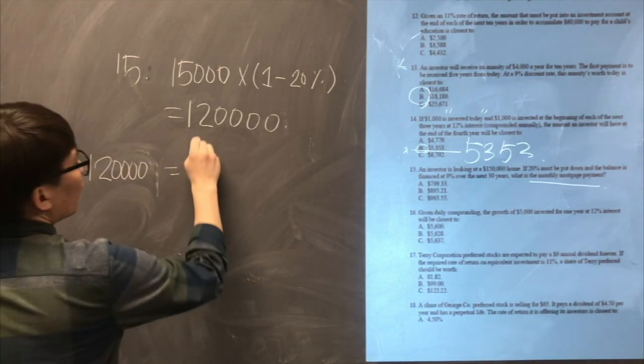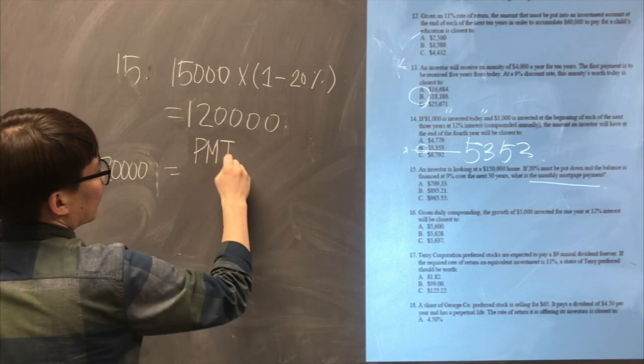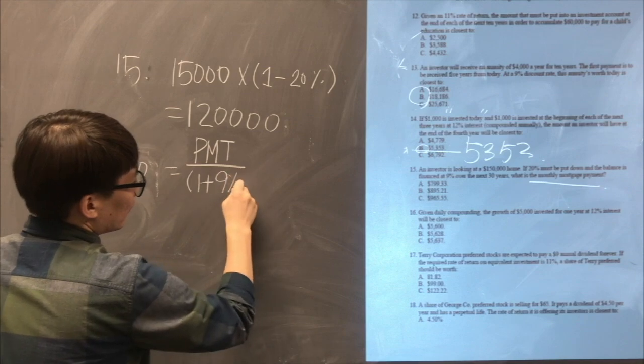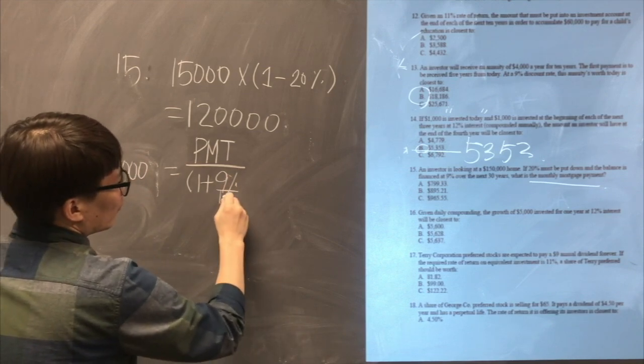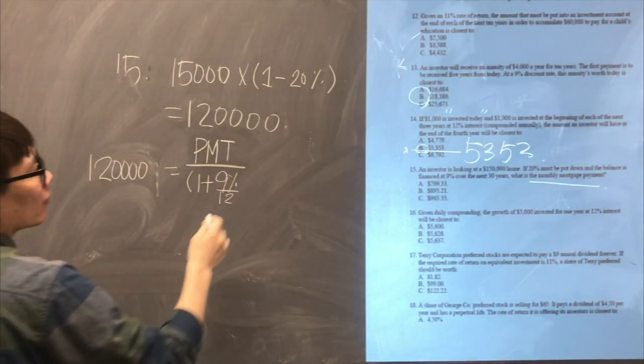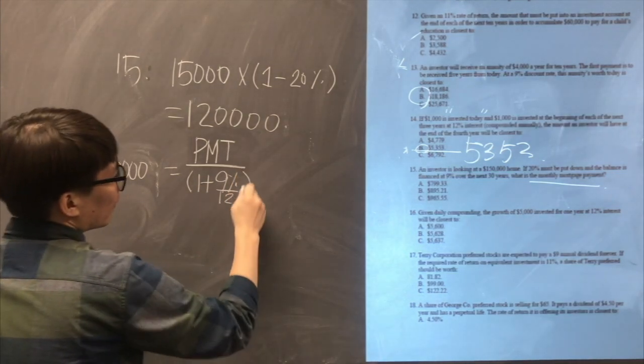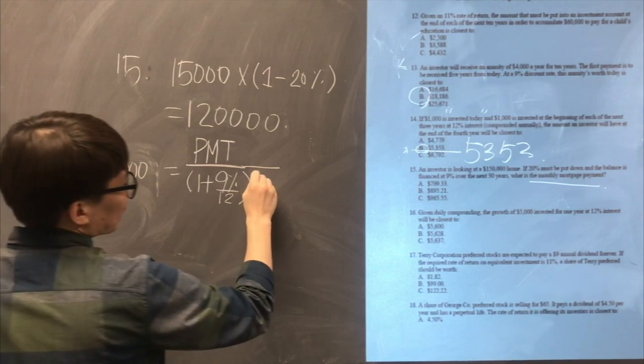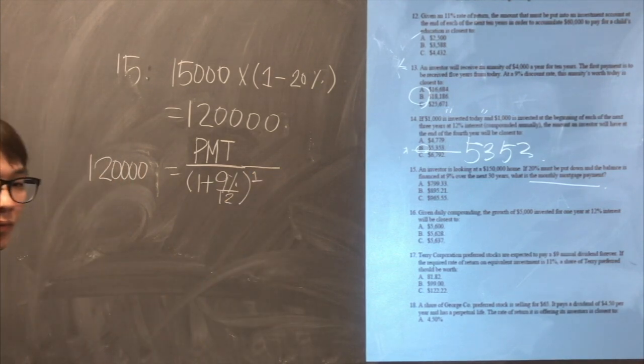Right? We don't know the payment. 1 plus what? 9% divided by 12 because we're talking about monthly payment. And here is supposed to be what? 1. Okay?